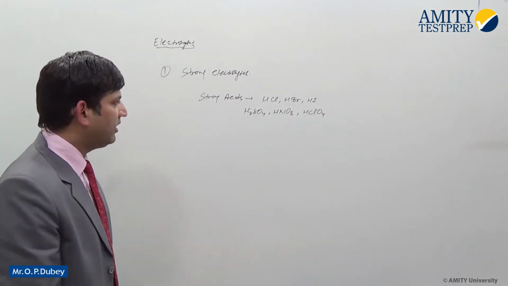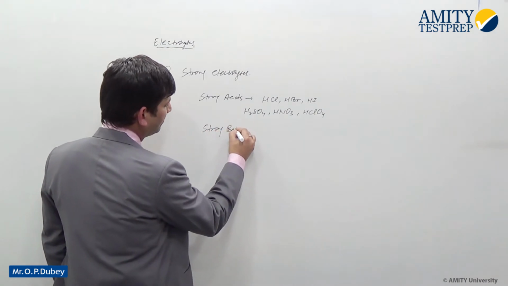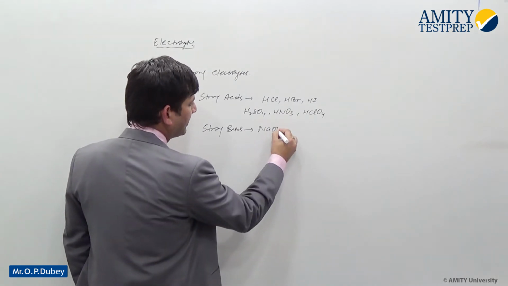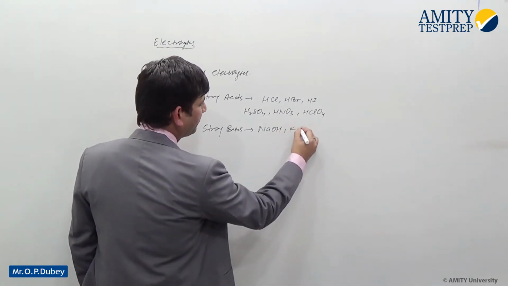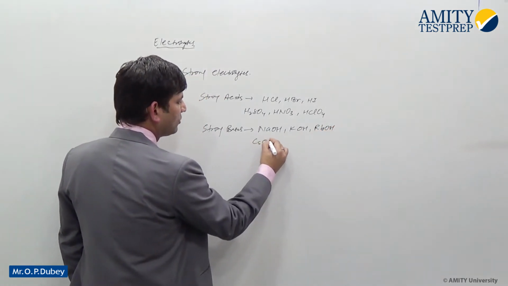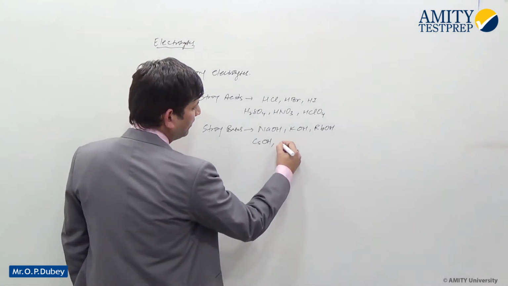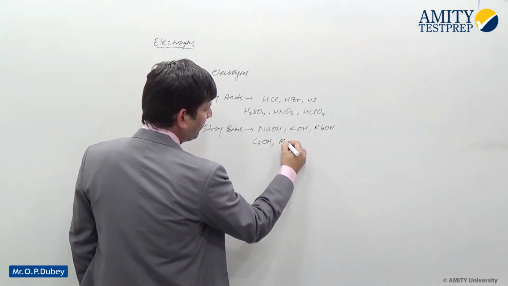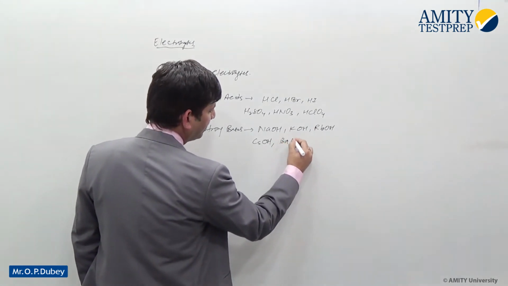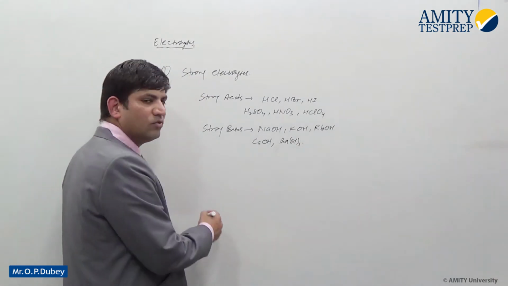Strong bases, like alkali metal hydroxides such as NaOH, KOH, RbOH, CsOH, cesium hydroxide. Also the alkaline earth metal hydroxides like barium hydroxide, etc. They are the strong bases, which dissociate almost 100%.